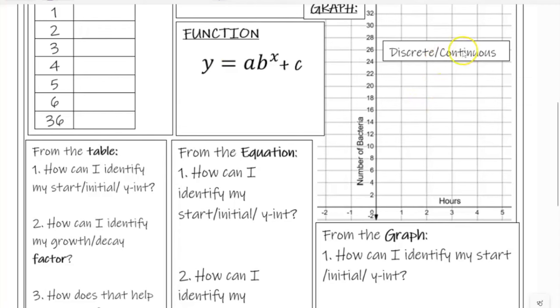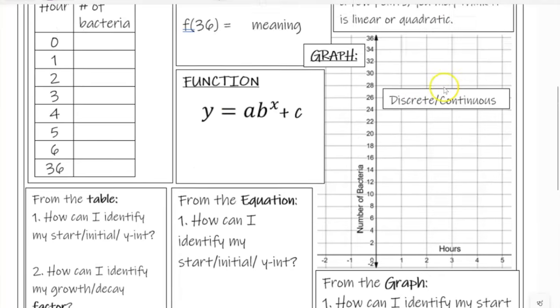Continuous, on the other hand, means that it is continuous throughout the whole thing, meaning I can have every single value between the numbers. So go ahead and write those two definitions down just in case you don't remember the difference. And you're going to tell me, is your example discrete or continuous? In other words, can it only be 1, 2, 3, 4, 5, or can it be 1.5, 2.5, 3.5, etc.?